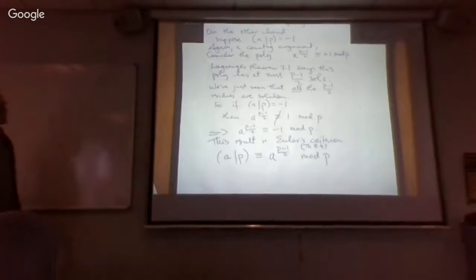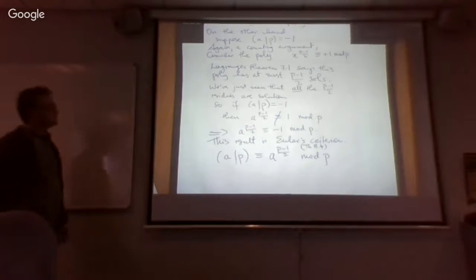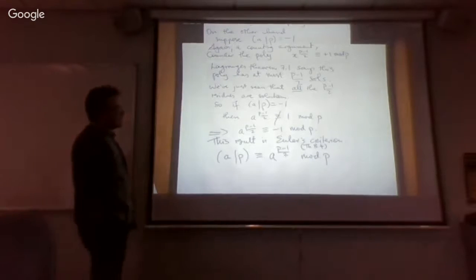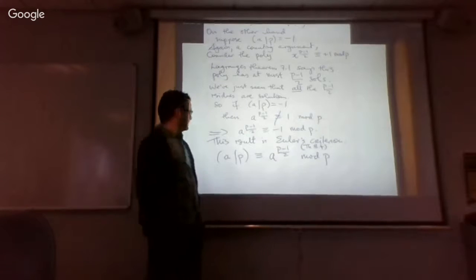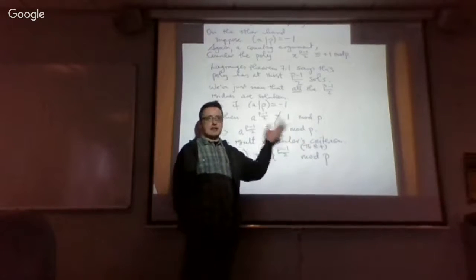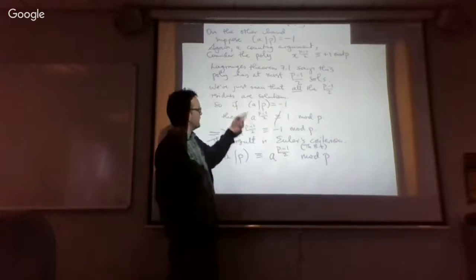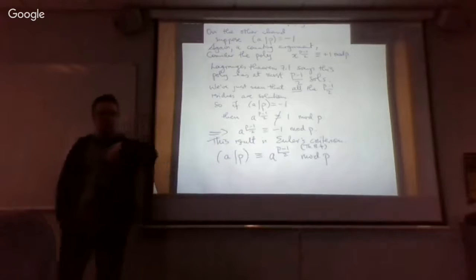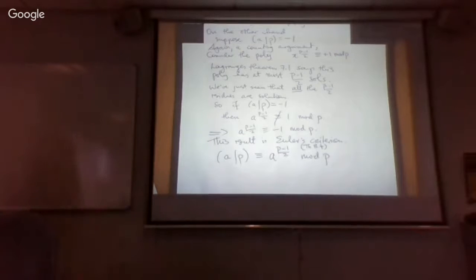Knowing this formula doesn't immediately offer up a complete understanding of it. It's a nice compact formula, but if you're given any particular a, you just have to go away and work out this, and then boil it down and see if you end up at plus 1 or minus 1 eventually when you're working with this large power of p.